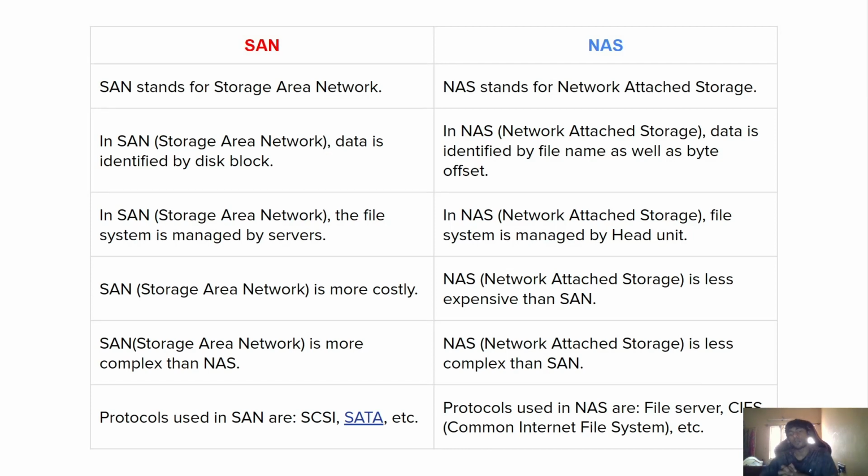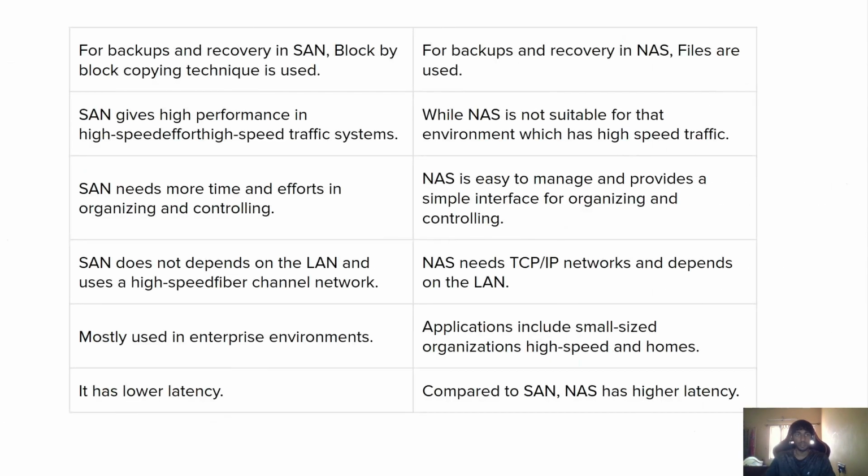The main protocols used in NAS are file servers and CIFS. For backups and recovery in SAN, a block by block copying technique is used, and for NAS, files are used.